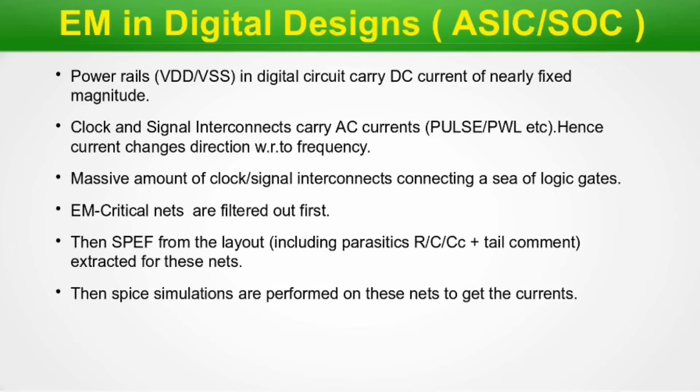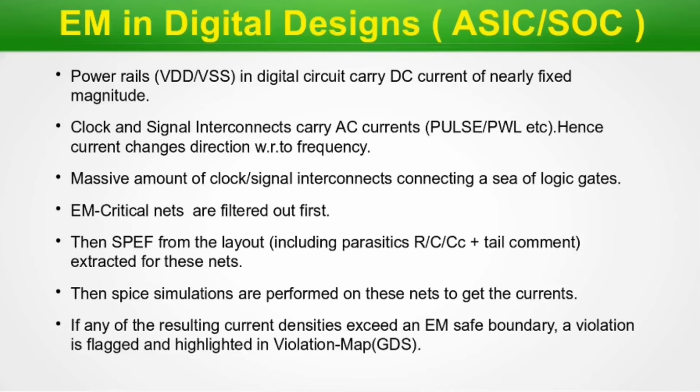Then SPICE simulations are performed on these nets to get the currents, that is average current, RMS current, peak current, whatever we are having. Now we have the EM thresholds from foundry, and if any of the resulting currents or the current densities exceed the EM safe boundary, a violation is flagged for that particular net and a total violation map is generated. Then this violation is overlaid onto the actual GDS and hotspots are identified and corrected.